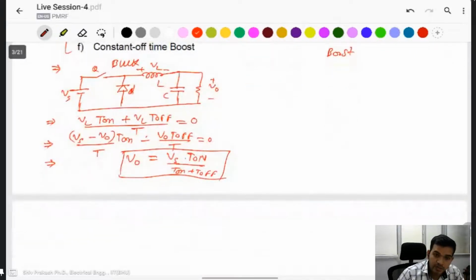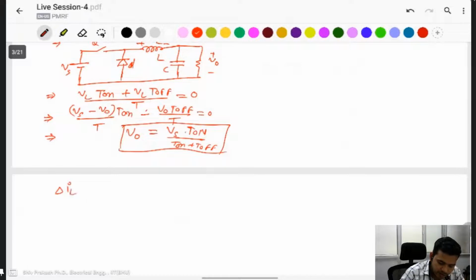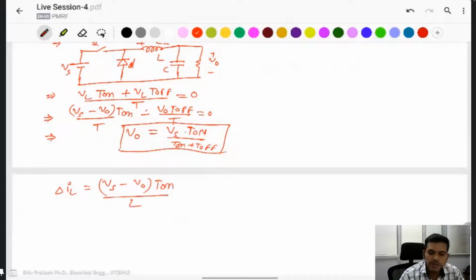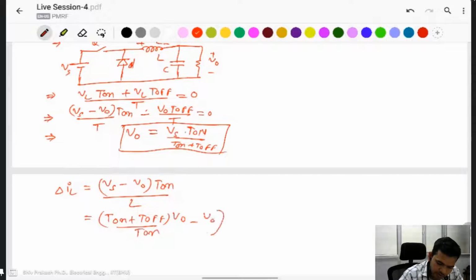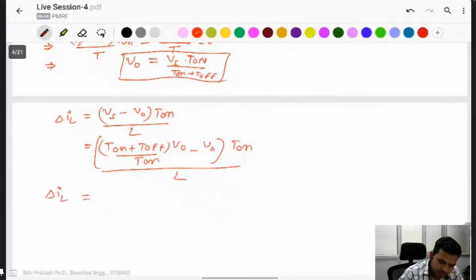And then when you find the delta IL for the buck converter, delta IL is also given in the voltage term: Vs minus V naught divided by T on, divided by L. Replace the Vs here, then we find T on plus T off into V naught divided by T on, minus V naught, total T on divided by L. T on is going to change this way, and then V naught and T on are both cancelled here.